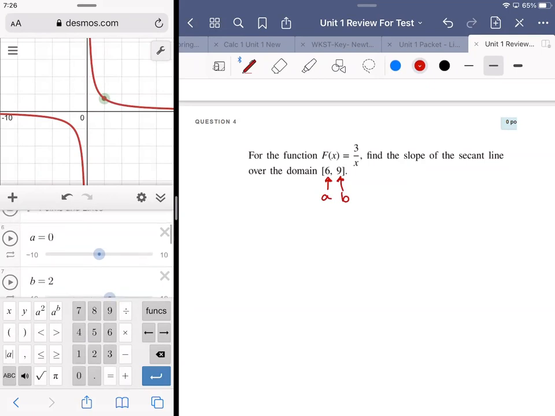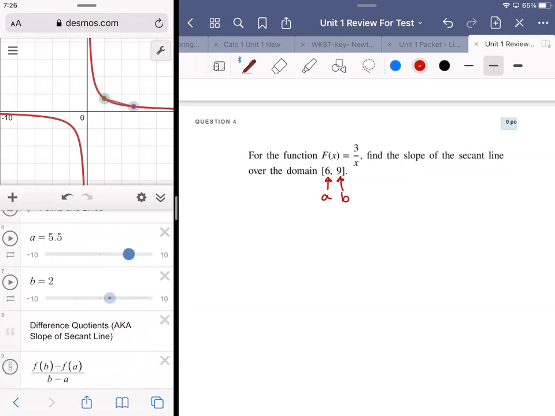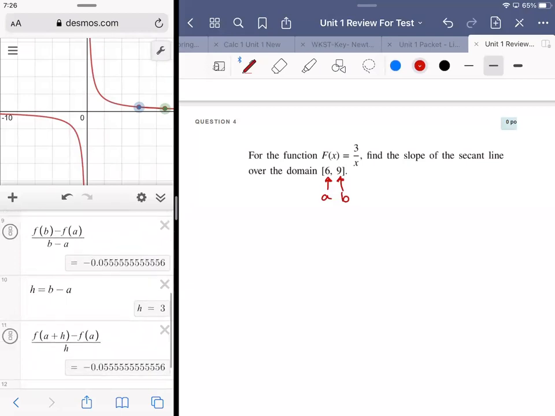I wouldn't, because all you would need to do is slide your slider to your A value, slide your second slider to your B value, and then look down below and see what your result is going to be.